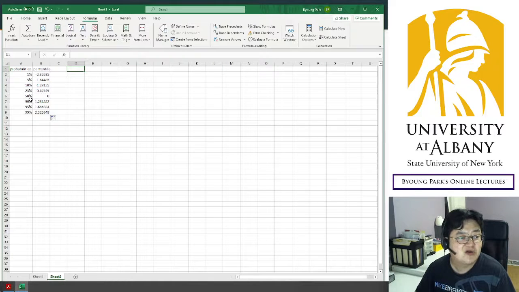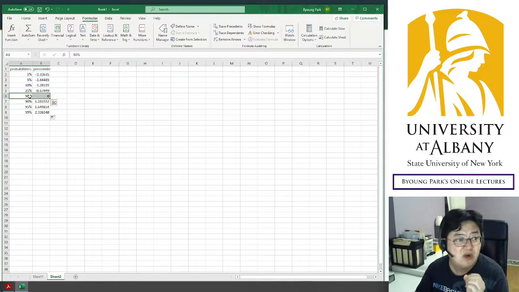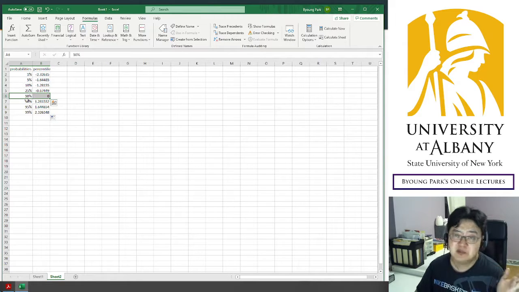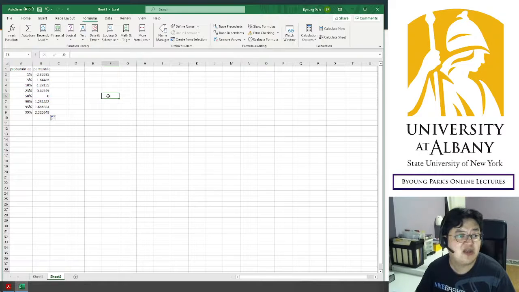What you find here is that the median, the 50 percentile, is 0. So any percentile smaller than 50% should be negative, and any percentile greater than 50% should be positive. And as you can see, they are clear. Another thing you can find here is that the 10 percentile and 90 percentile are symmetric.